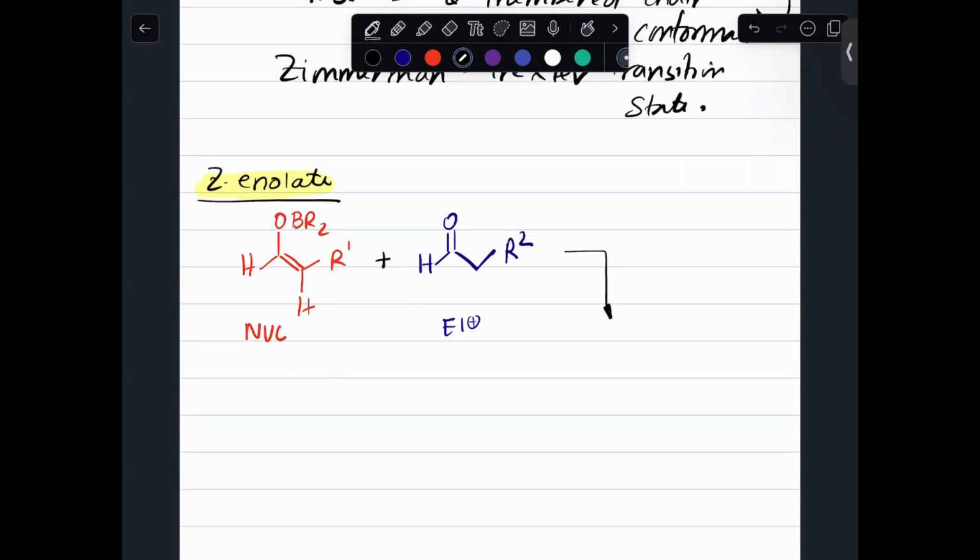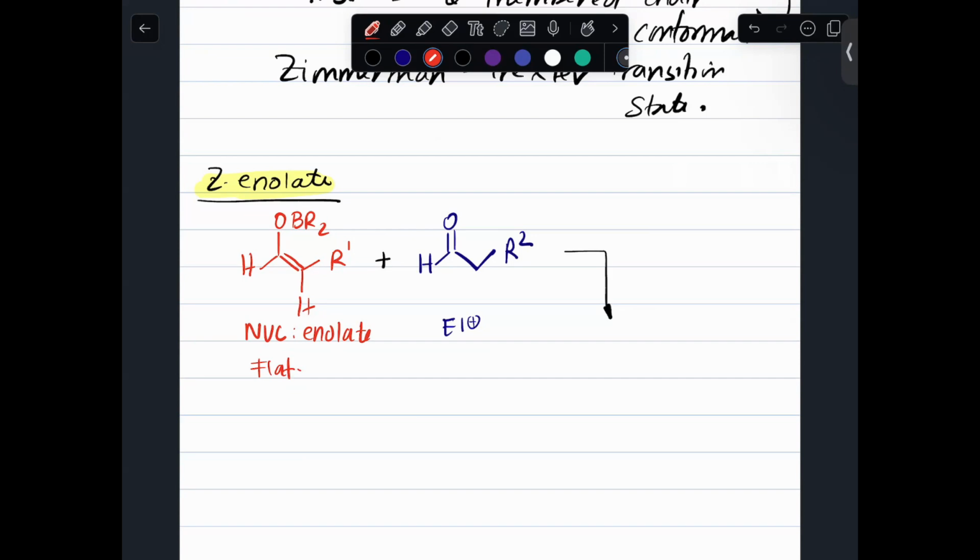Because each enolate gives us two different products, we will draw the transition state to each product. Remember, there is no chirality in our starting materials. Our enolate, i.e. our nucleophile, is flat.